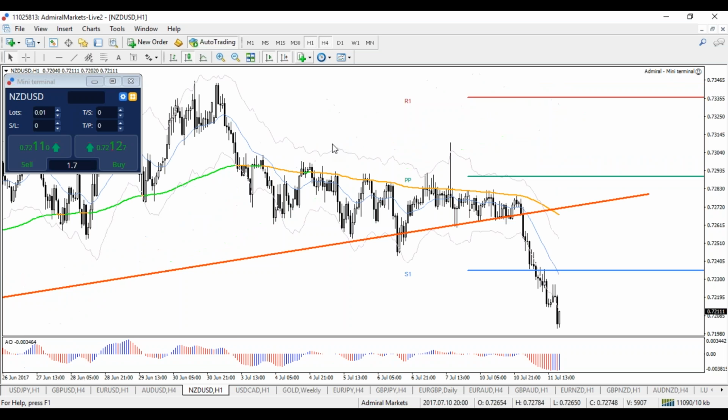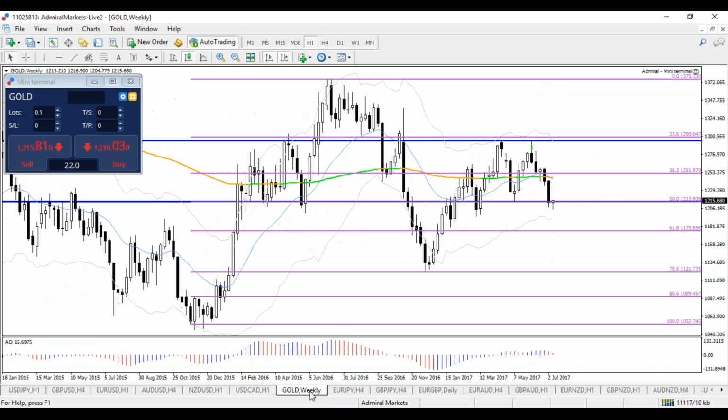Let's take a look. Gold, no problem. We can take a look at New Zealand after this. TP for New Zealand. Definitely depends on what type of time frame you're looking for as well.